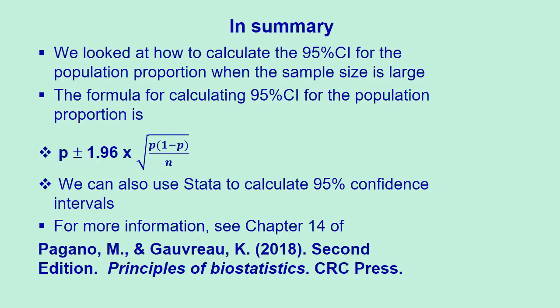The formula for calculating the 95% confidence interval for the population proportion is given in this slide, which is sample proportion plus or minus 1.96 times standard error, which is given by the square root of p times 1 minus p over n.